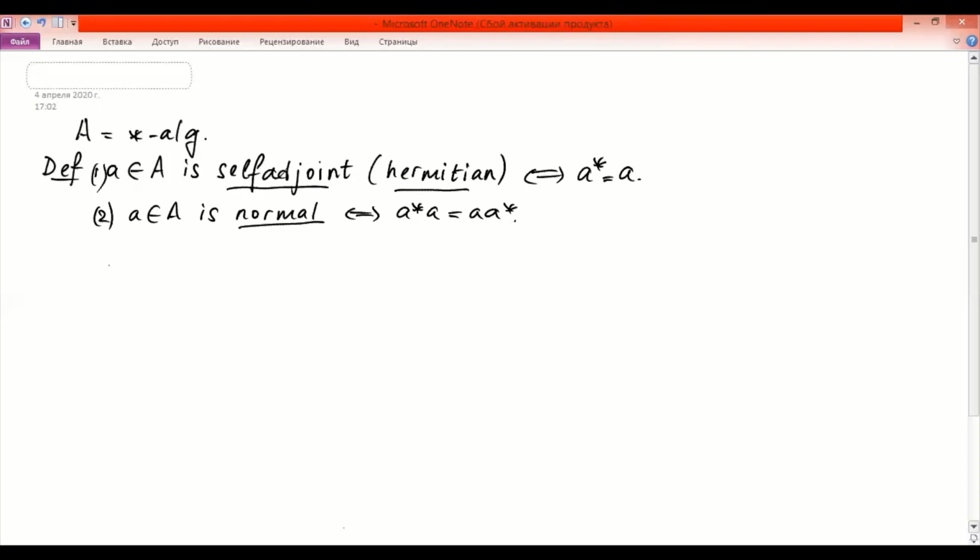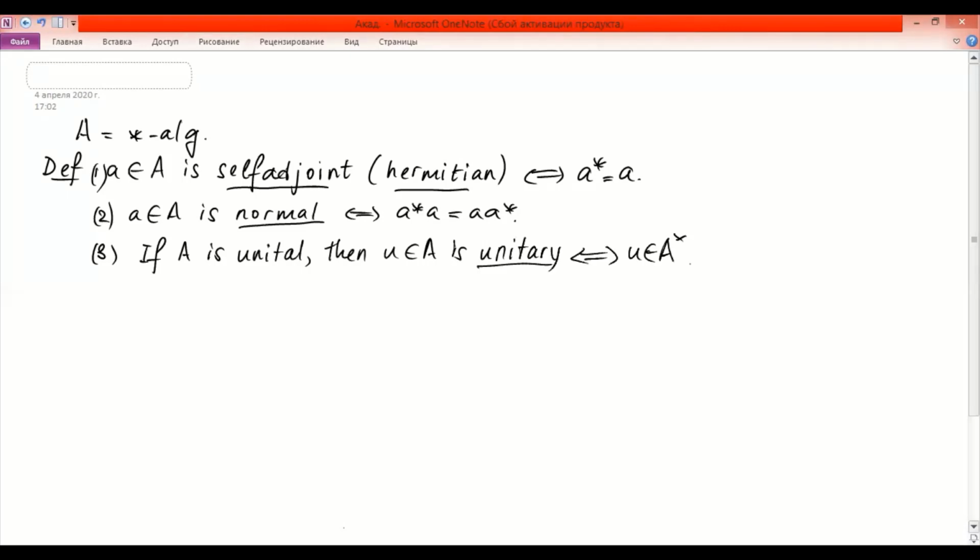And definition 3, if our algebra A is unital, then we say that an element little u of A is unitary if it is invertible and u inverse equals u star.